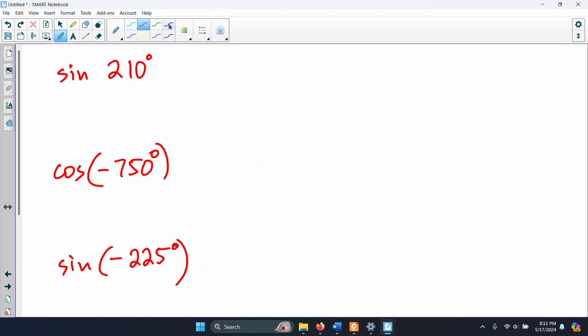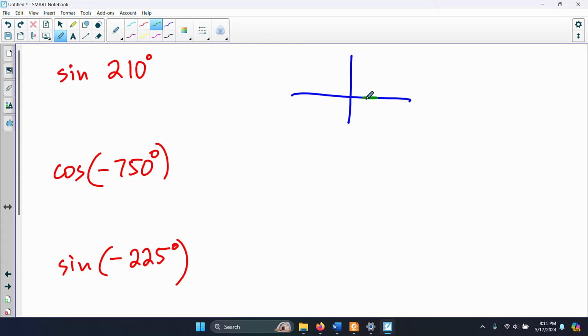The first step is: this angle, where does it fall? In which quadrant does it fall, and what is its reference angle? So let's think about sine of 210. It starts here, and you spin in this direction, the positive direction.